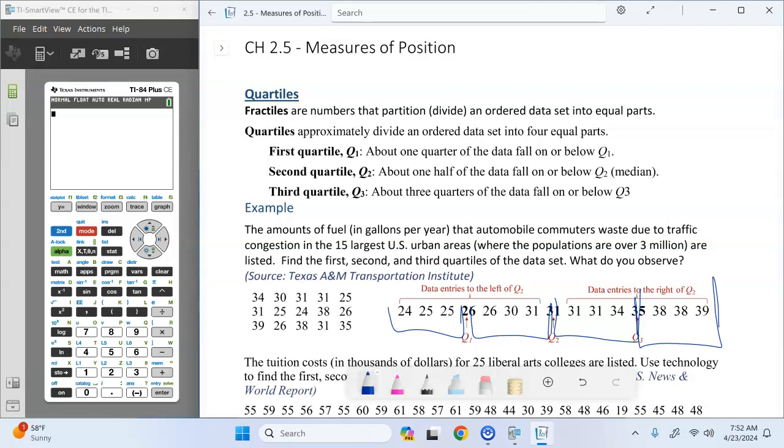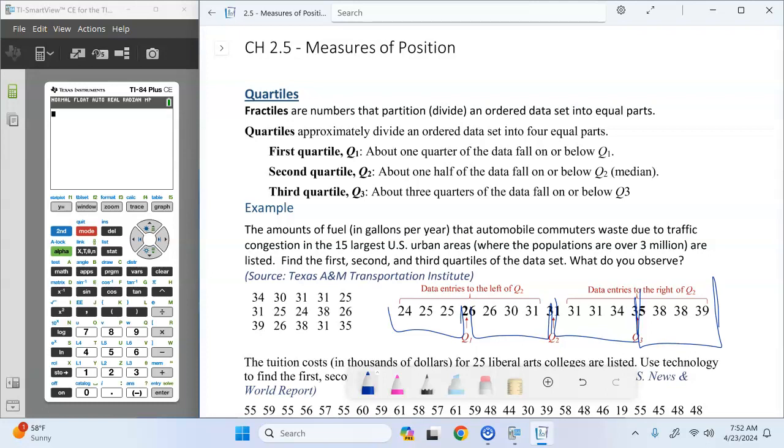Okay? It's not going to be exact because depending on if we have even or odd numbers, and if half of that is also even or odd, it's going to make a difference. Okay? So sometimes you have to do 2 numbers. If we have 2 middle numbers, how do we find that median? We find the average, but then we will actually include each of those 2 numbers in the first half and the second half.